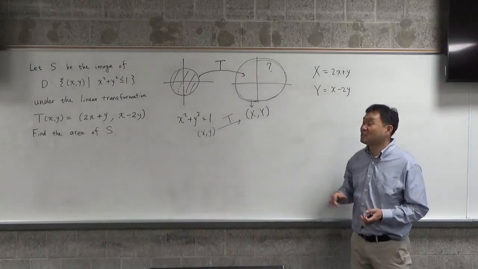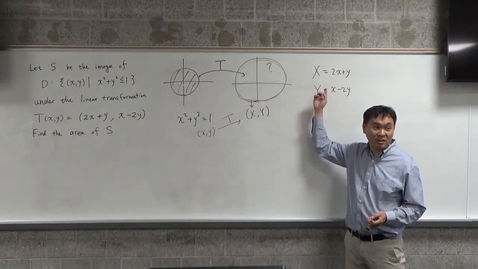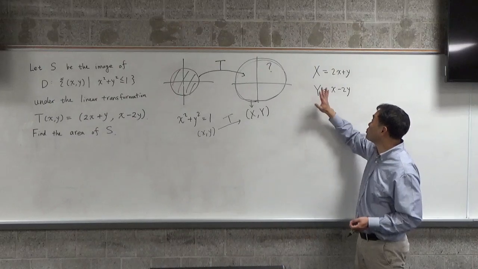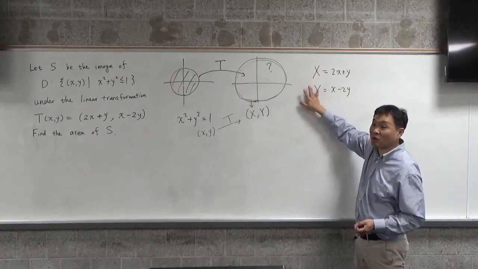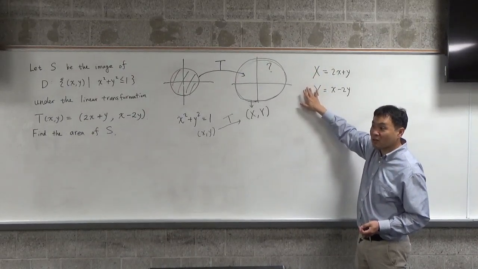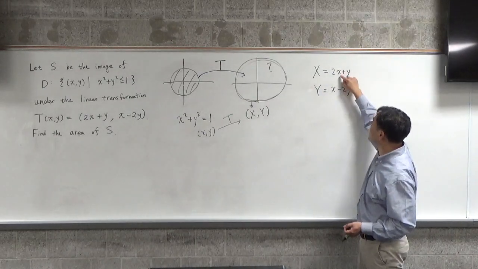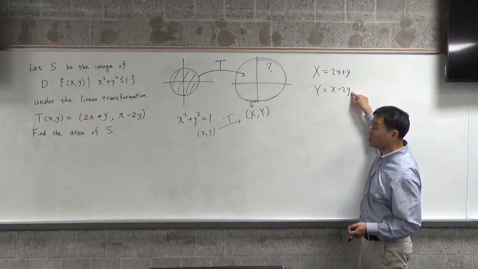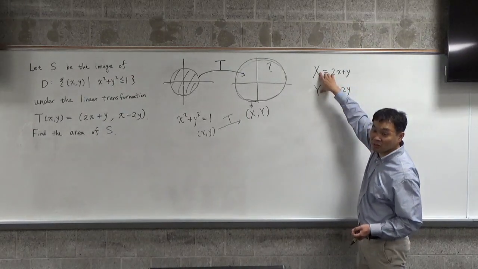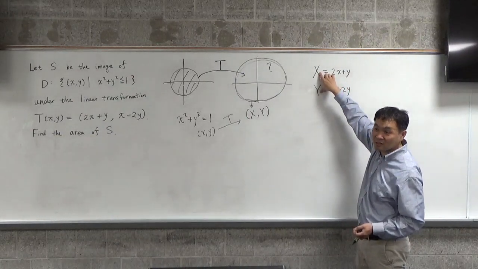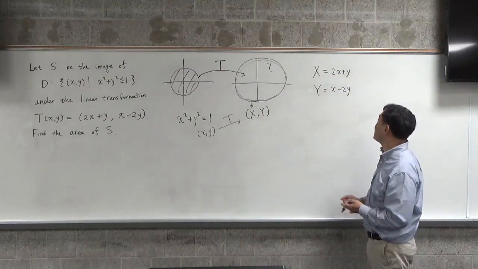I would really need an equation between x and y. The problem is we have no idea what the relationship between capital X and capital Y is, right? So you somehow have to use the relationship between small x and small y to get the relationship between capital X and capital Y. And let me show you how that's done.